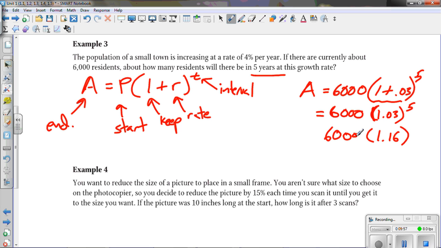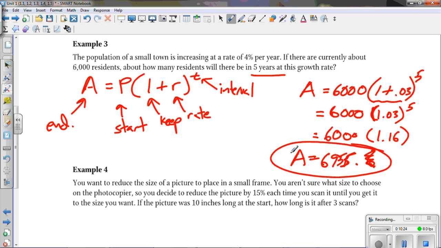And so we take that 6,000 and then we multiply it by that 1.16. Now, I don't round, I just use the calculator to do it for me. And our population after 5 years is 6,955, and again, 0.6. Now we can't have half a person, so I'm just going to truncate it and round it down. So after 5 years, we have almost 7,000 people.